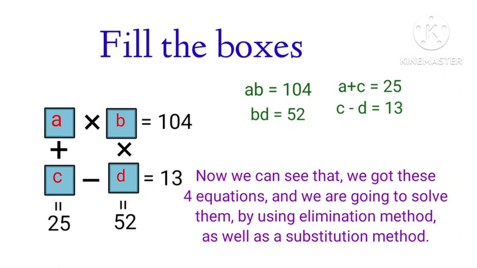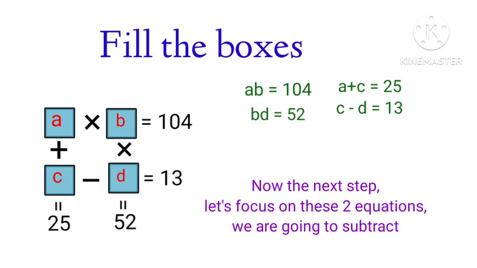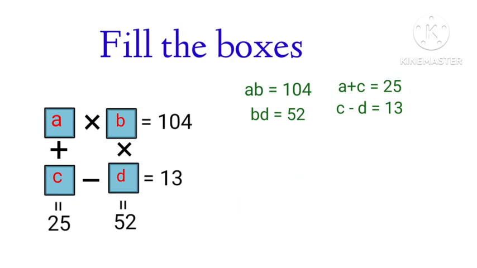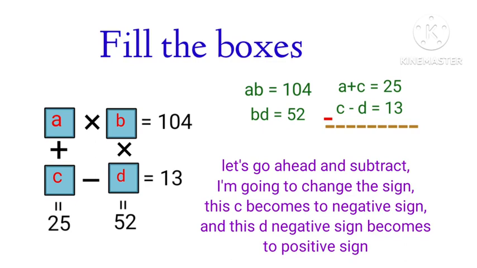Now we can see that we got these 4 equations, and we are going to solve them by using the elimination method as well as the substitution method. Now the next step, let's focus on these 2 equations, we are going to subtract. I'm going to change the sign.